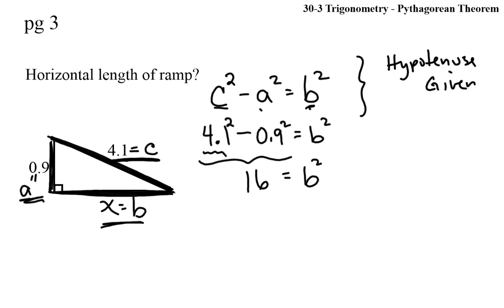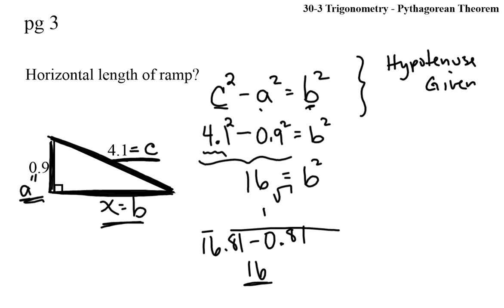So if you wanted to show all the steps, the 4.1 squared is going to give you a value of 16.81. So this would have been 16.81 minus the 0.9 squared, which would be a value of decimal 81, which leaves us with 16. But that's b squared. Always finish by square rooting.